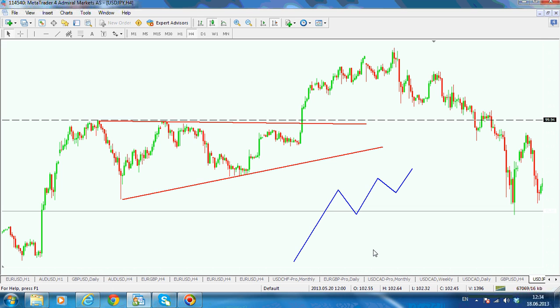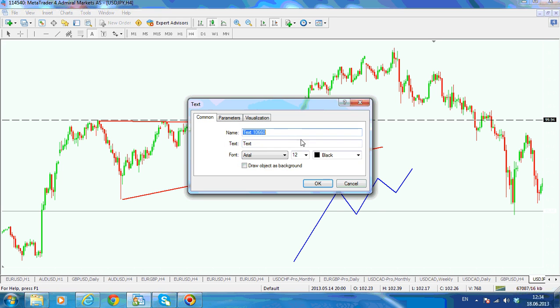Now, this is also an impulsive move, and remember the rules on the impulsive move. First of all, the third wave cannot be the shortest one. Second of all, at least one wave needs to be extended. Now, definitely, if you see a move something like this, that the third wave is not extended, then the fifth wave also is not extended. So you are looking for the first wave to be extended.